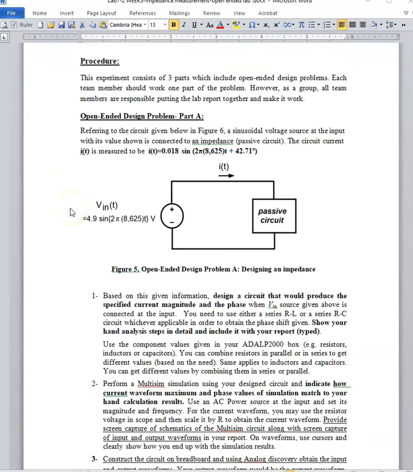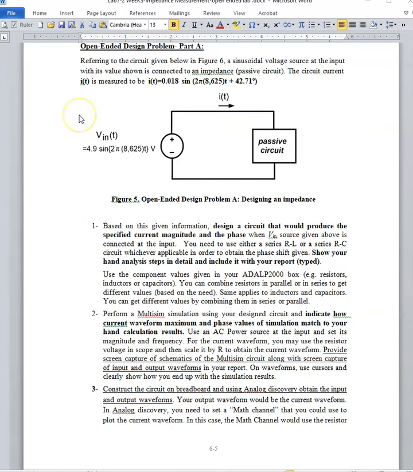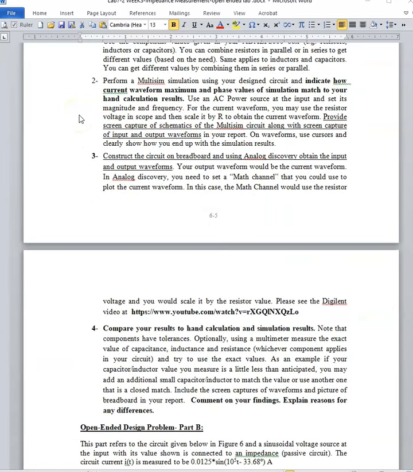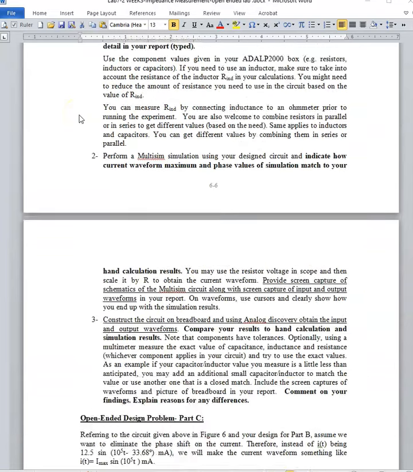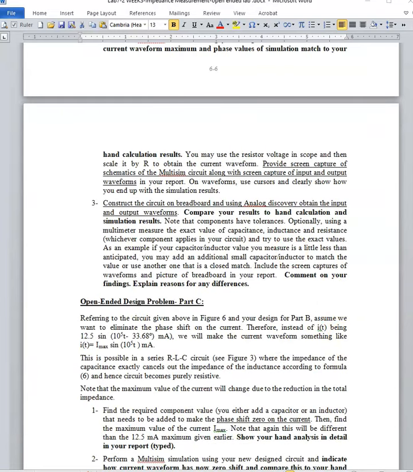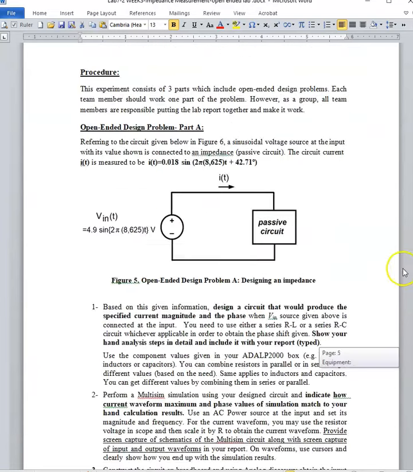This open-ended design problem has 3 parts, and make sure you have equal distribution among members. You can maybe have each member handle one of the parts, and then you are responsible for putting everything together.